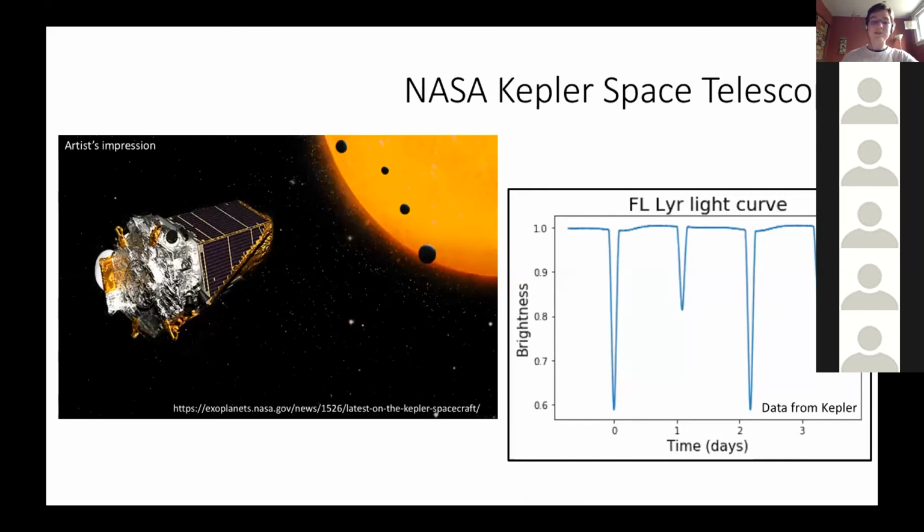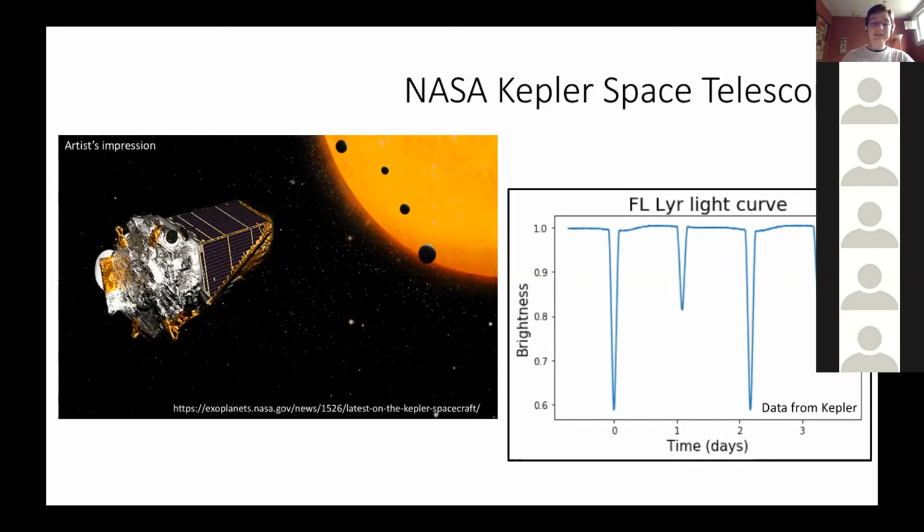So putting telescopes in space is great because you get above the atmosphere and you get nice, precise, clear data. And the Kepler Space Telescope launched in 2009, and it was meant to look for exoplanets. So it's looking for planets that are going around other stars.